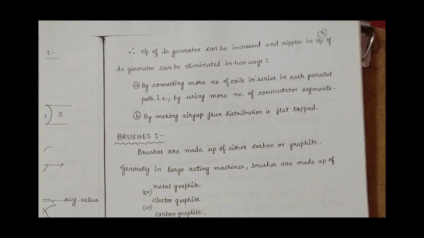Output of DC generator can be increased and ripples can be eliminated in two ways: by connecting more number of coils in series in each parallel path, that is by using more number of commutator segments, or by making air gap flux distribution flat topped.